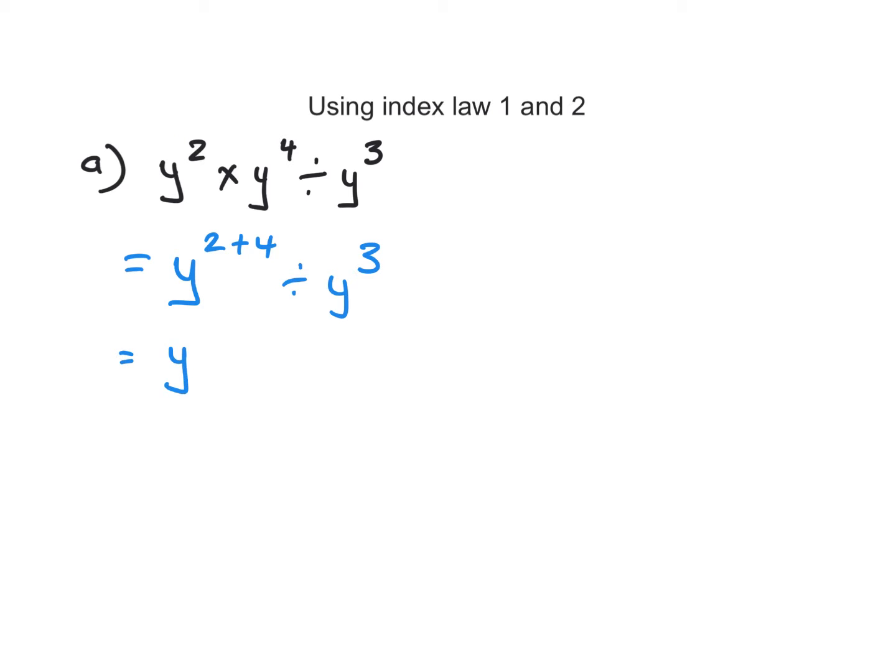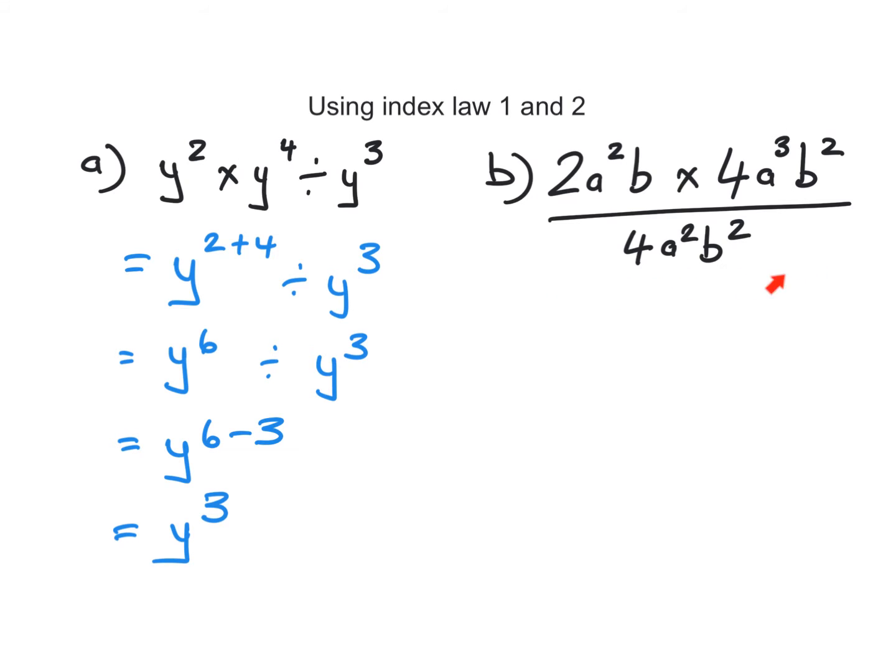So that becomes y to the 6 divided by y to the 3. And then the index law that involves division is subtraction, so it'll be 6 subtract 3. So that becomes y to the power of 3.